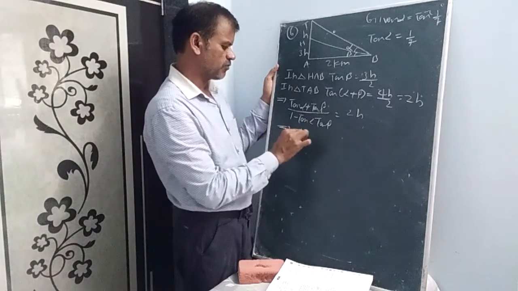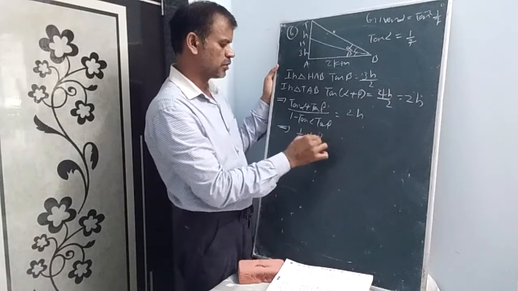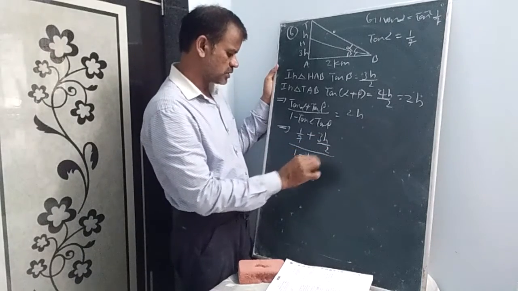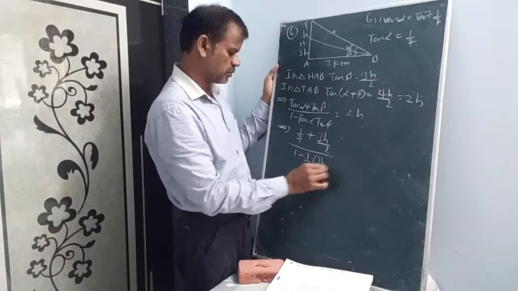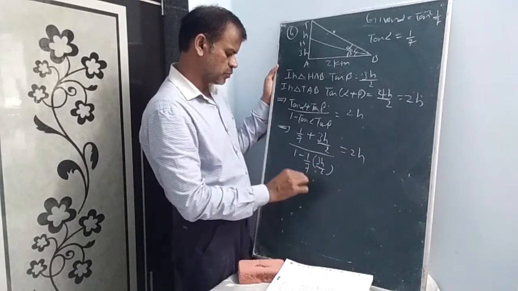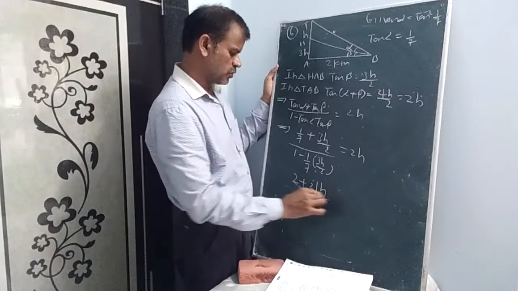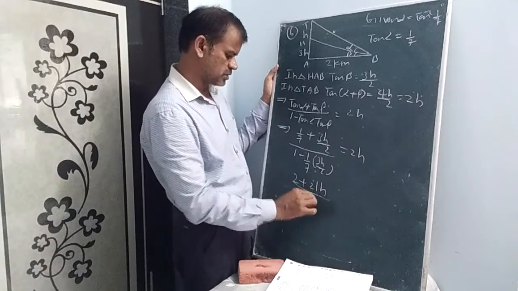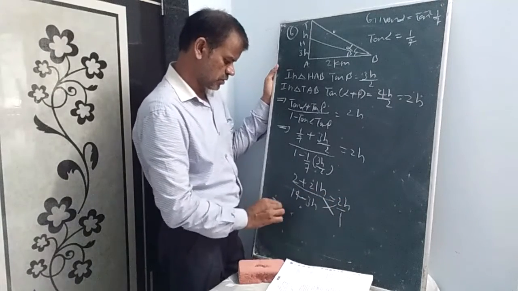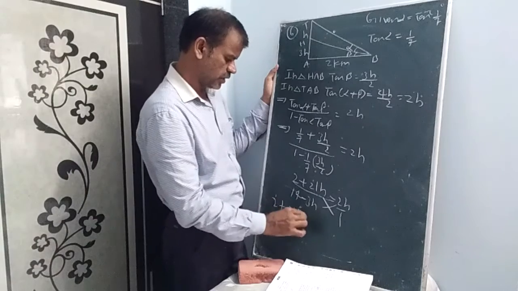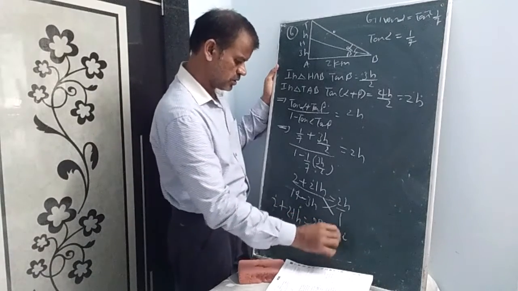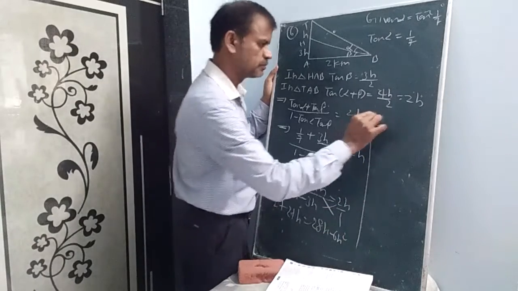That implies 1 by 7 plus 3h by 2, whole divided by 1 minus 1 by 7 into 3h by 2, equals 2h. Taking LCM, 2 plus 21h whole by 14 minus 3h equals 2h. Cross multiplying, 2 plus 21h equals 28h minus 6h square.